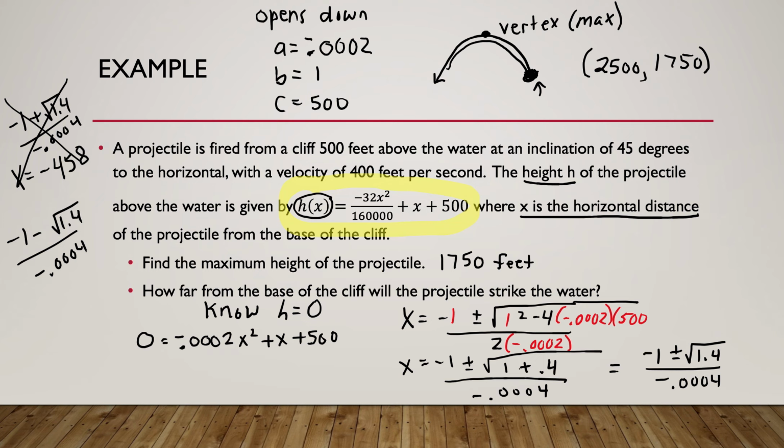And again, doing a little rounding, that gives me 5,458. So that is a reasonable solution because it is positive. And so we're going to let that be the answer to the second part of this problem. All right, so we know that from the base of the cliff, the projectile hit the water after 5,458 feet.